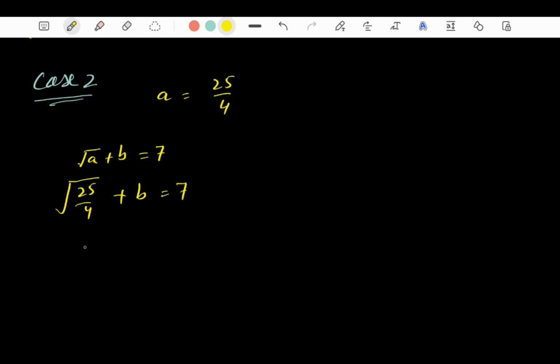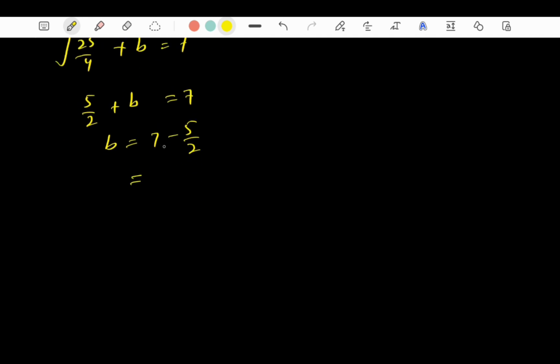And so it is 5 by 2 plus b equal to 7, and b is equal to 7 minus 5 by 2, which gives 9 by 2. So if a is equal to 25 by 4, then b is equal to 9 by 2, which is the second solution.